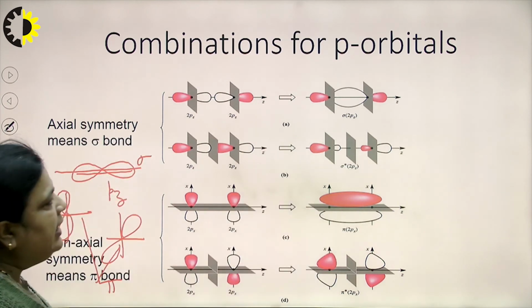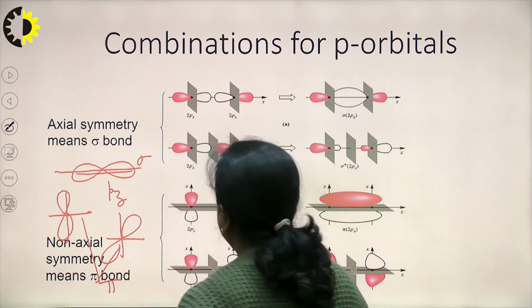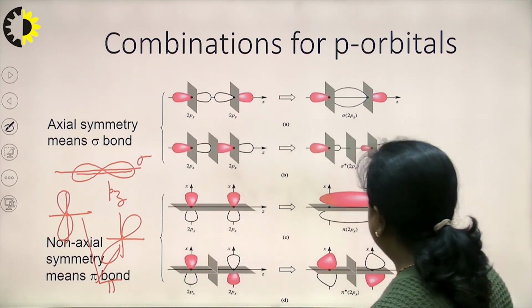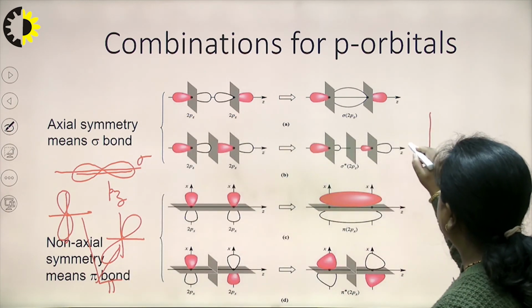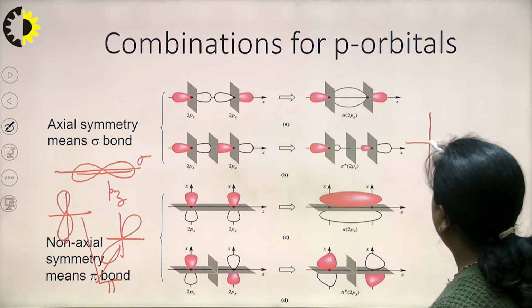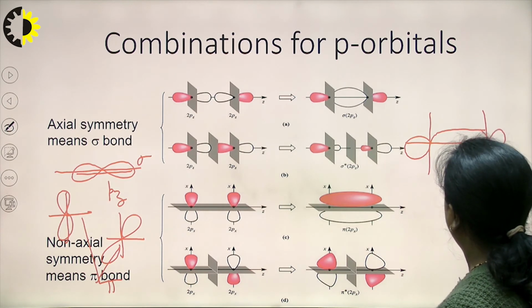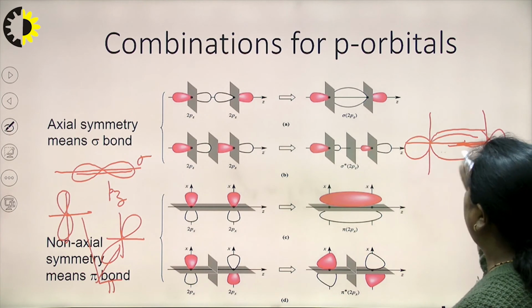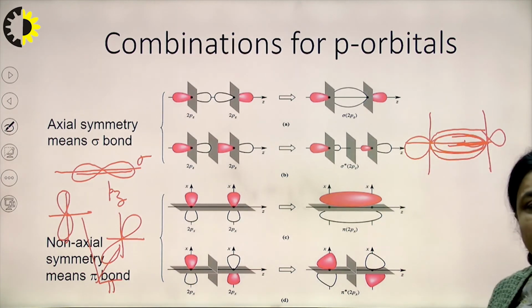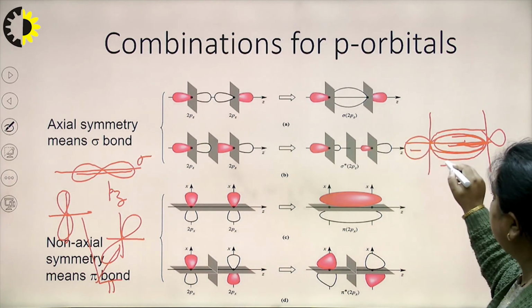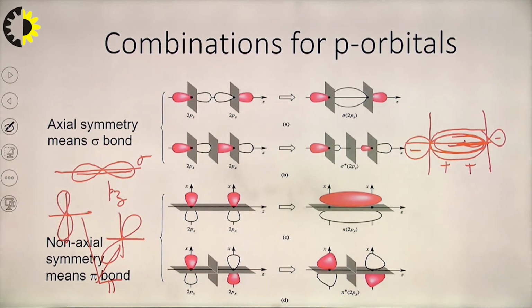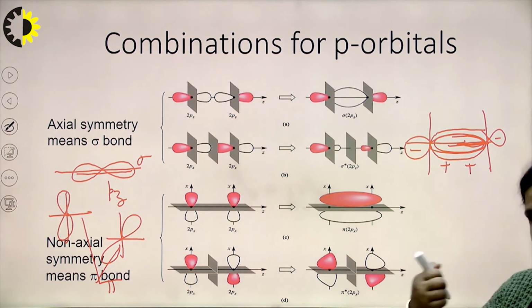When additive overlapping occurs, that is Pz plus Pz, we get it like this. It means around the nuclei the electron density becomes maximum. So we can write minus plus plus minus. But Pz minus Pz is subtractive overlapping.